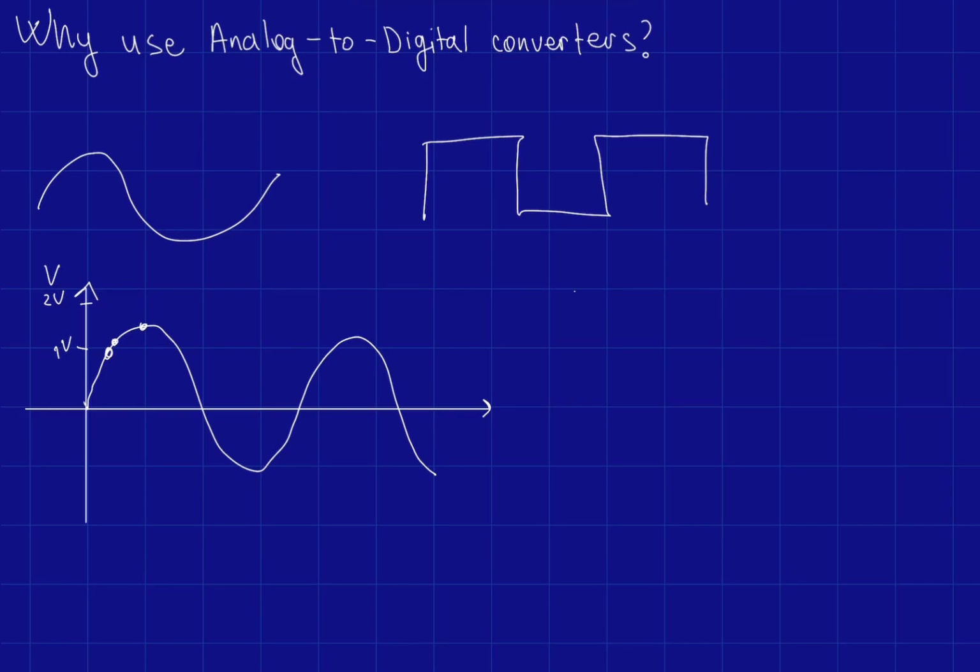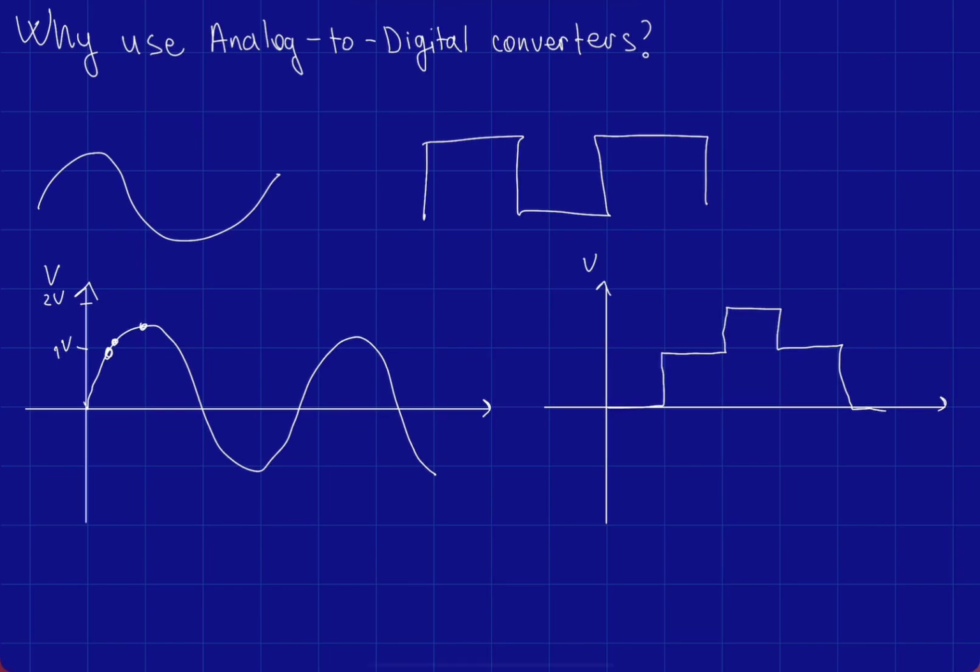Whereas by a digital signal, I mean a signal that looks something like this, for example, and it has a finite number of values.